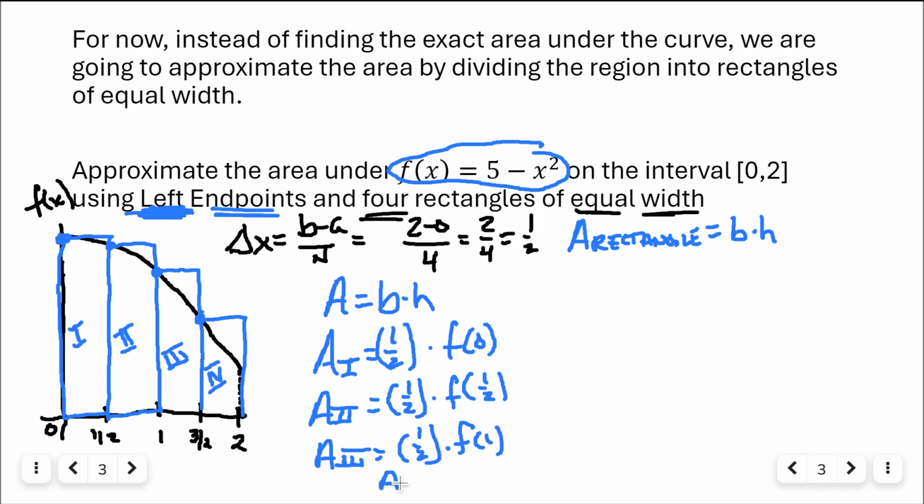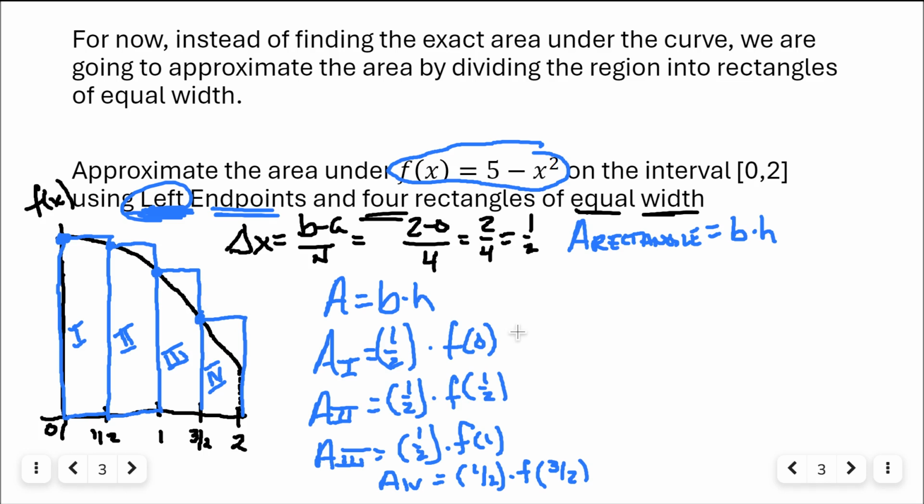And the fourth rectangle is going to be 1/2 times f of 3 halves. When you start from the left, the only point you don't evaluate at is the far right point. Okay, we don't use that. You can see it's not on the curve, right? The height of the rectangle is not on the curve there.